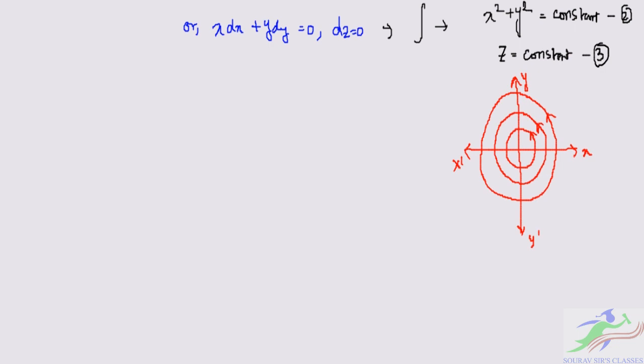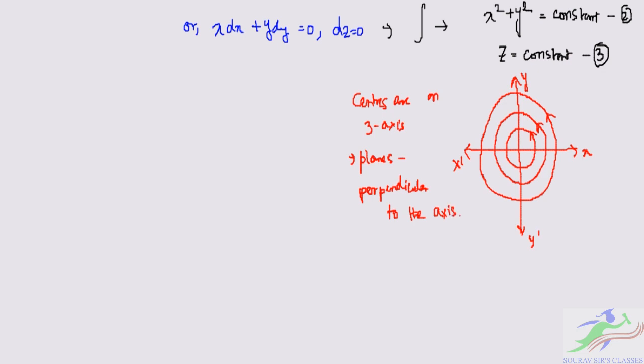Here you can see that the streamlines are circles whose centers are on the z-axis, and their planes are perpendicular to the axis.